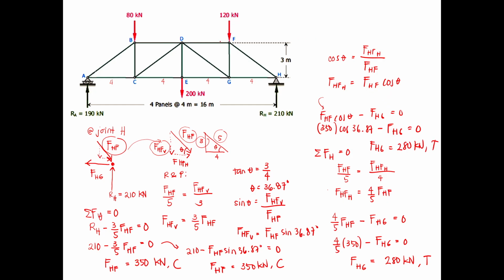So if we try to draw the diagram, the direction, force HF is in compression. So this is in compression. So meaning if you move towards joint F, it's still in compression, moving towards the joint. Now, member HG is in tension, so that's away from the joint.